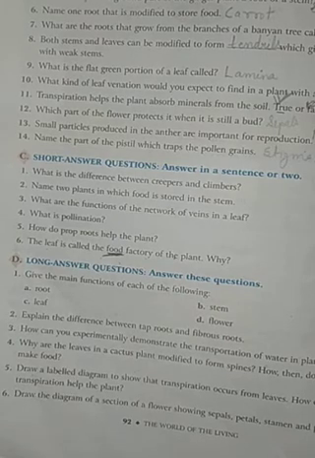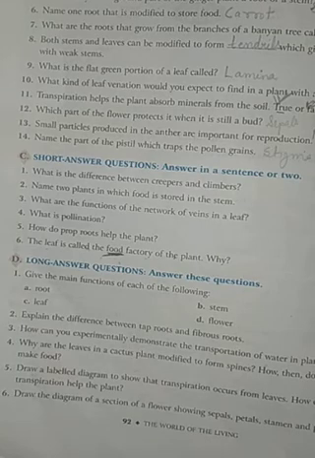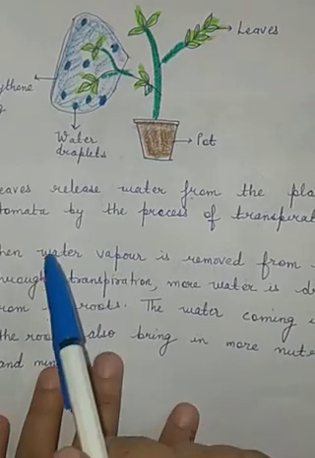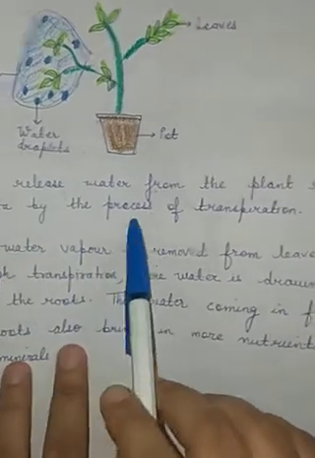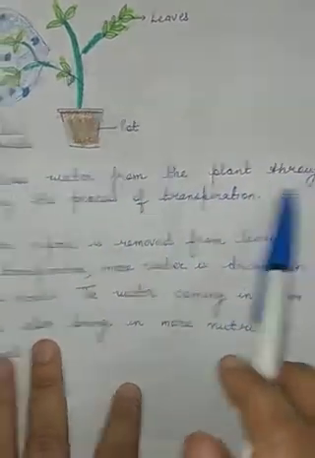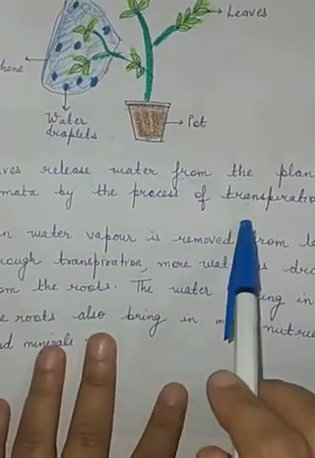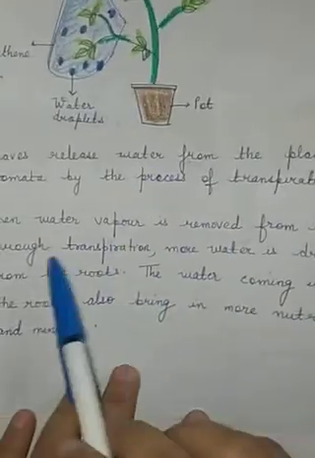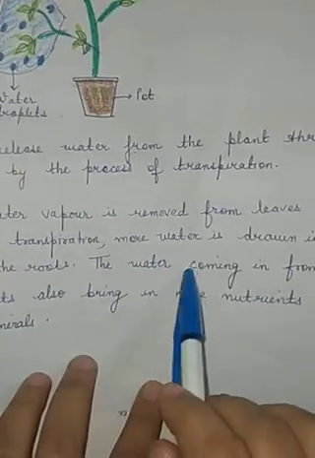What happens during transpiration is written here. In this way you will write the answer with the diagram: the leaf releases water from the plant through stomata by the process of transpiration.